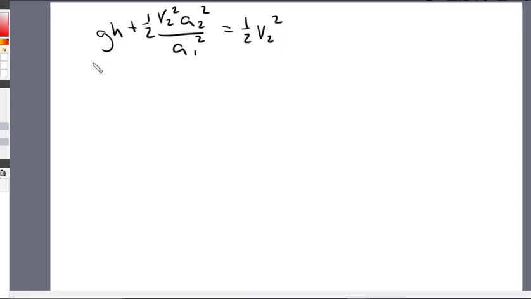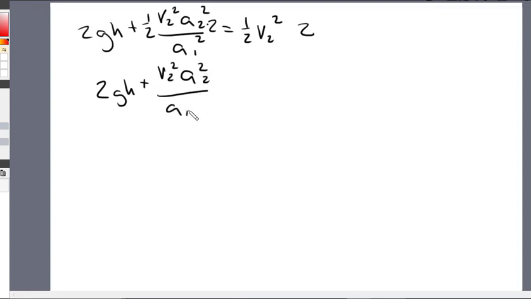First of all, we multiplied everything by 2. 2, 2, 2. Left with 2GH plus V2 squared A2 squared divided by A1 squared equals V2 squared.